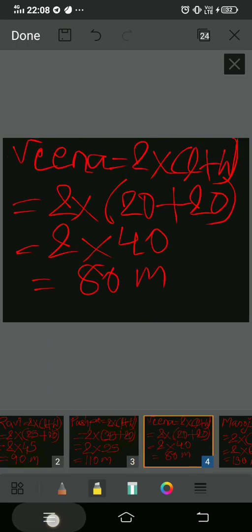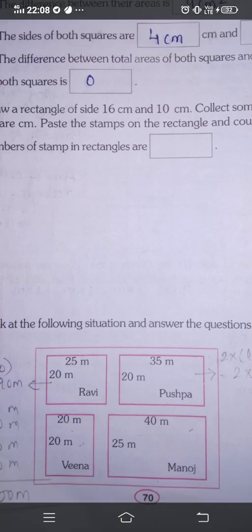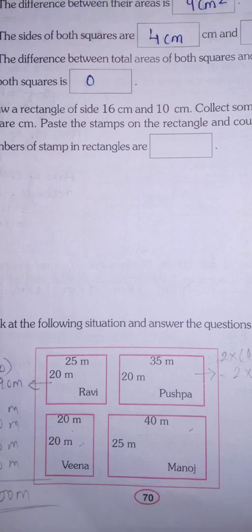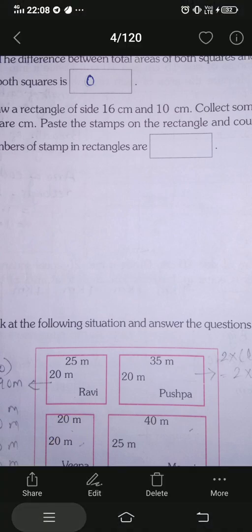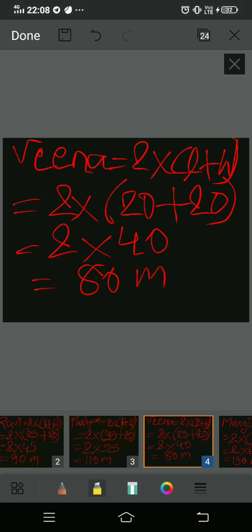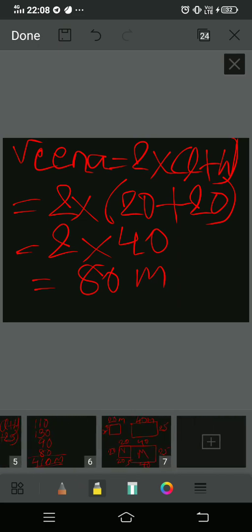Next up is Veena, children. Veena's plot is this: 20 meter and 20 meter is the length and width. I had already told you that when the length and width are the same, then we can use the formula of the perimeter of a square, and we should use that.